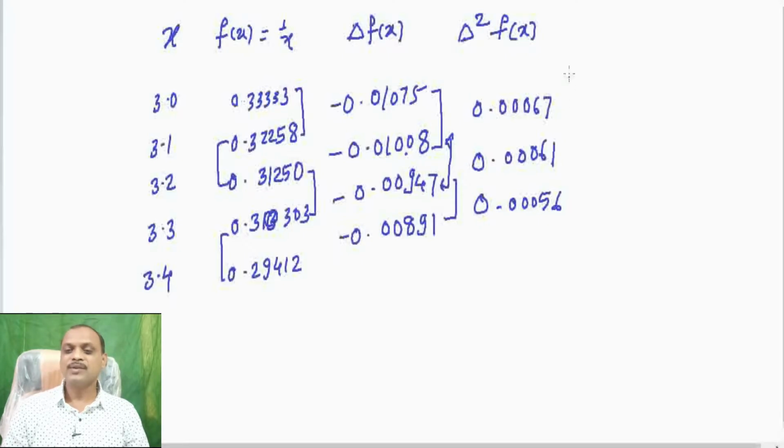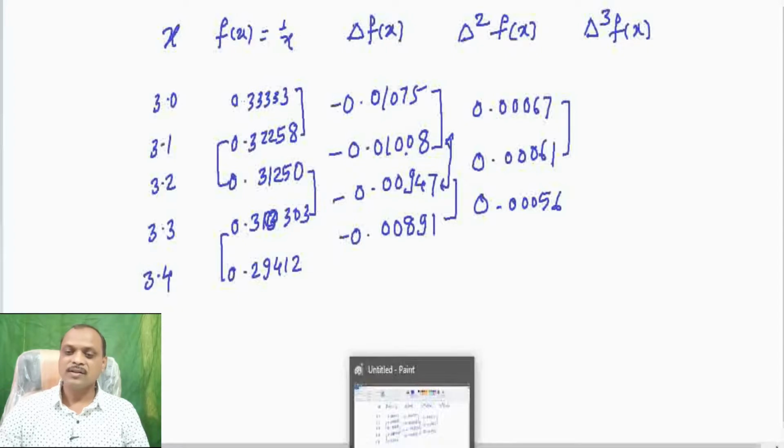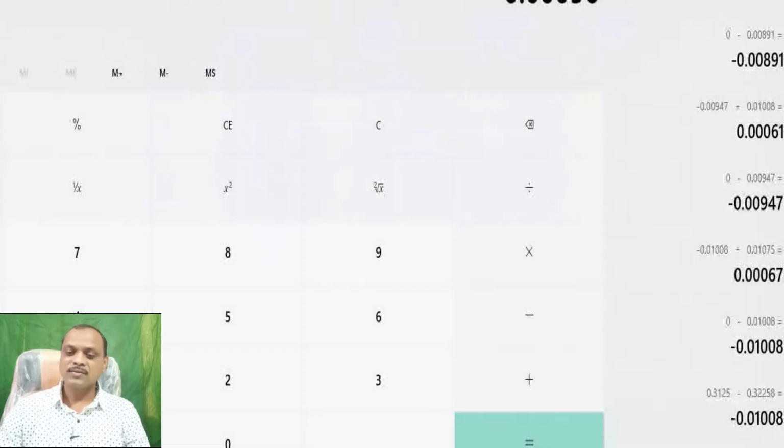So we have these values, and we can calculate the third differences. Third differences mean differences of the second differences. So the difference of these two, and let us calculate this so that your idea will be clear.